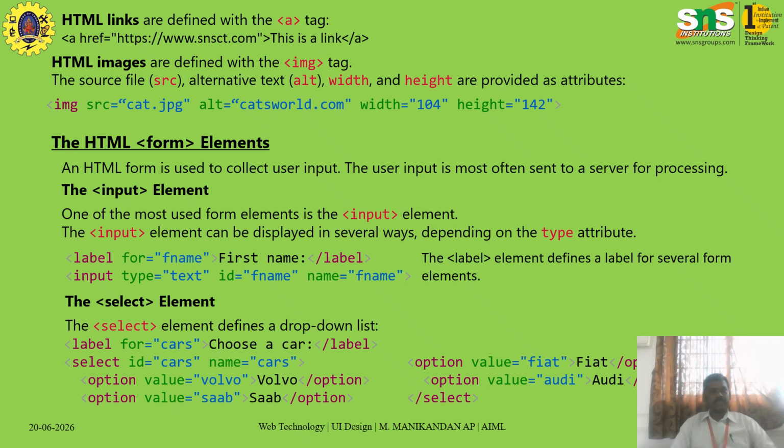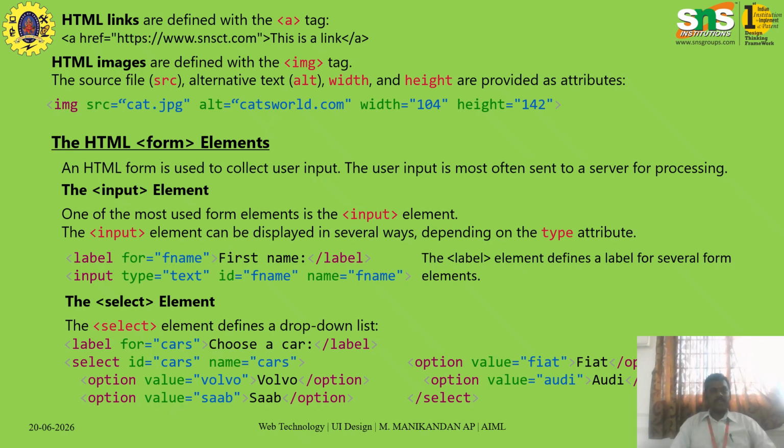Here we have the image tag with source cat.jpg, so we show the cat image, and the alternate text will be catswall.com. Then width will be 104 and height will be 142. Based on this width and height, it will show the image.